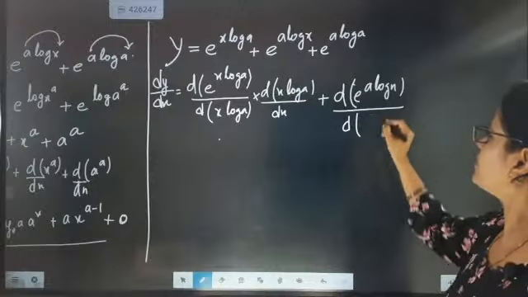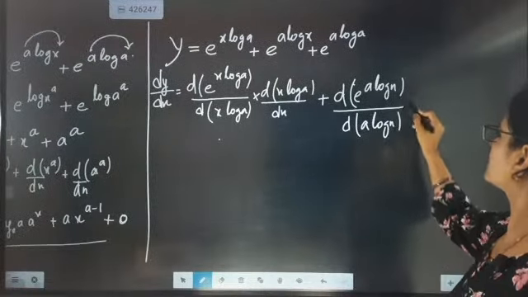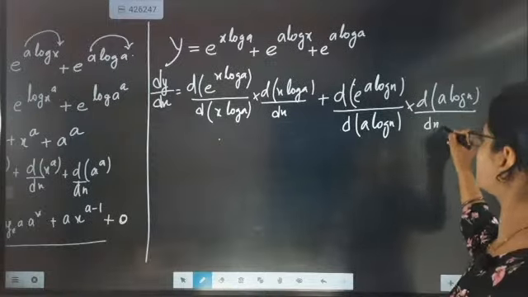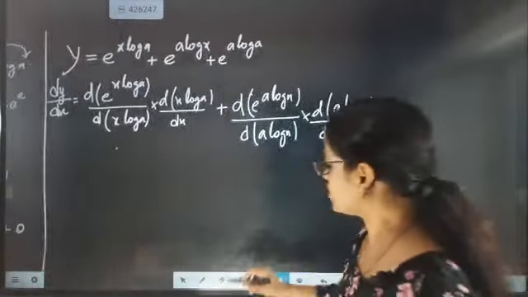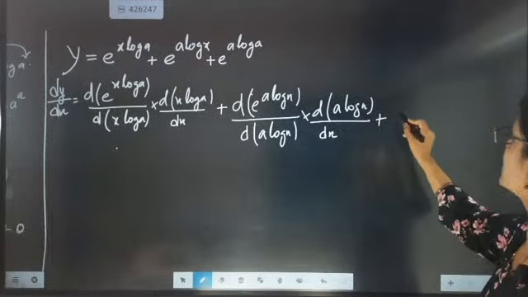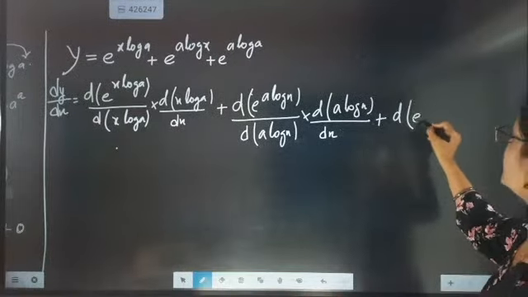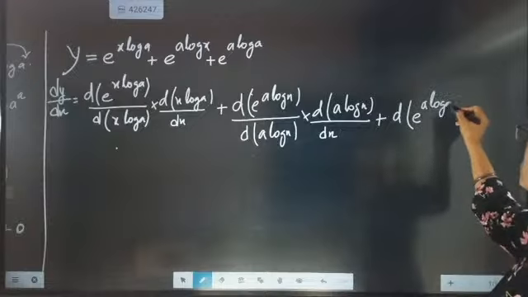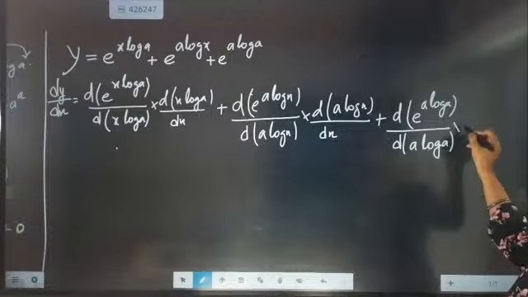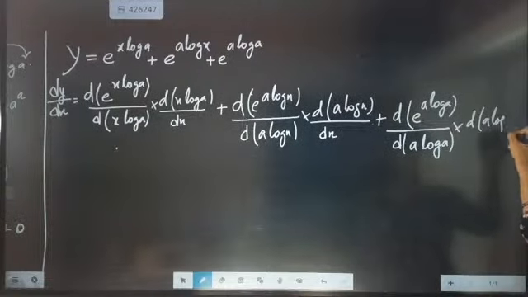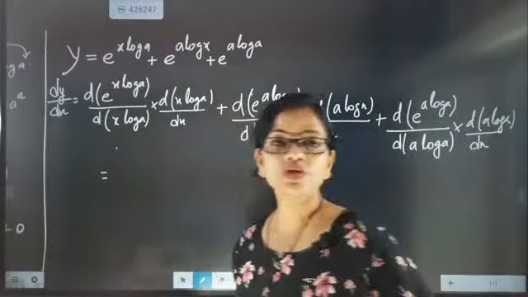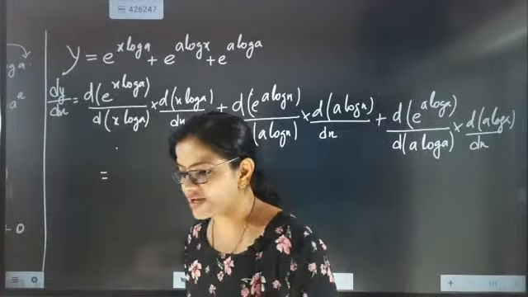Chain rule applied, it will become e to the power a log a into differentiation of a log a dx. Over.